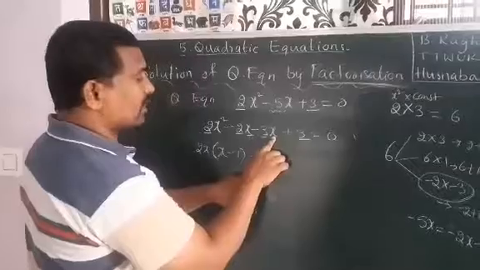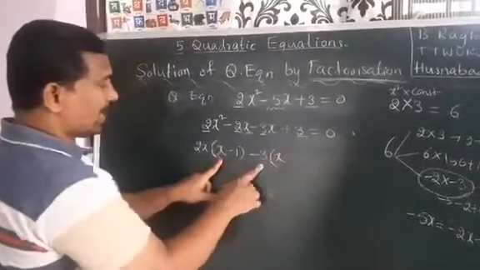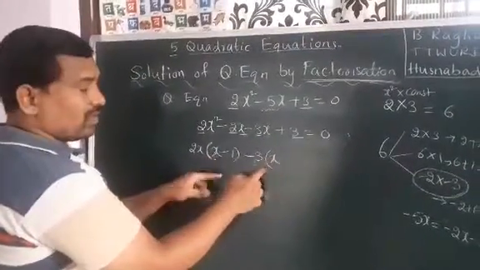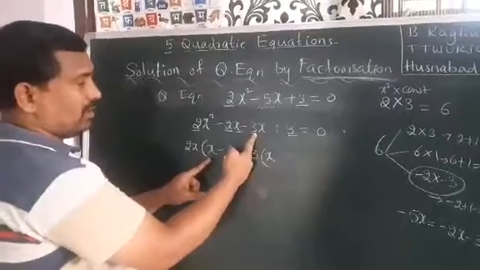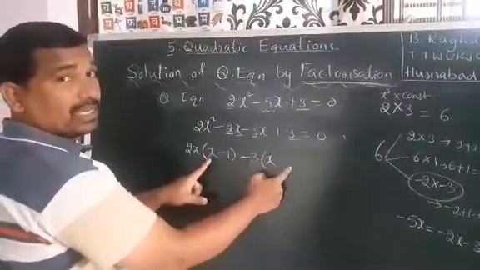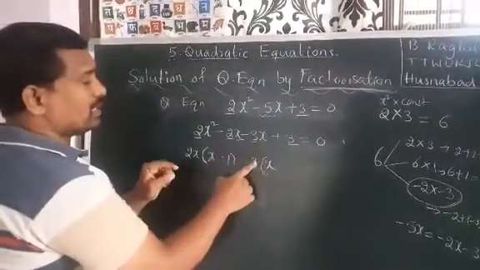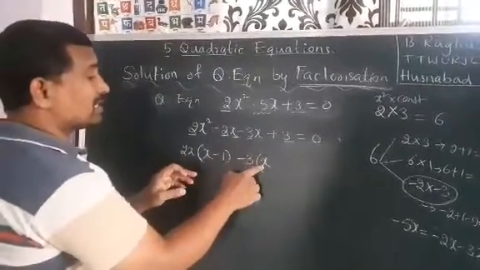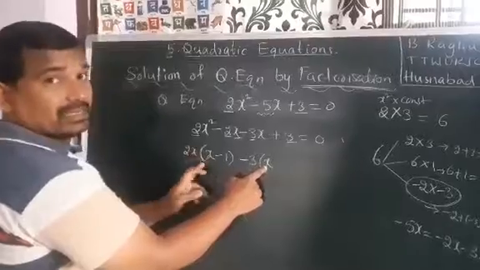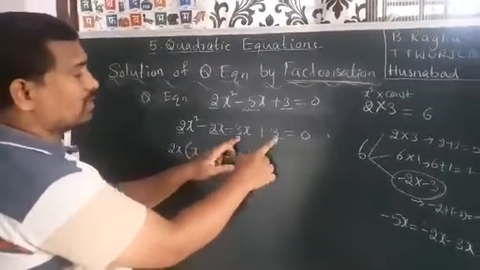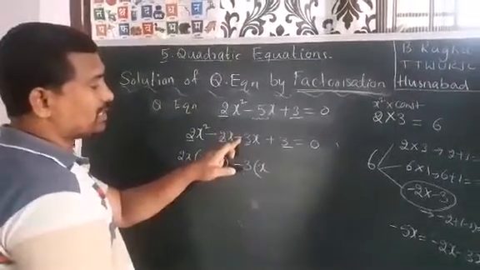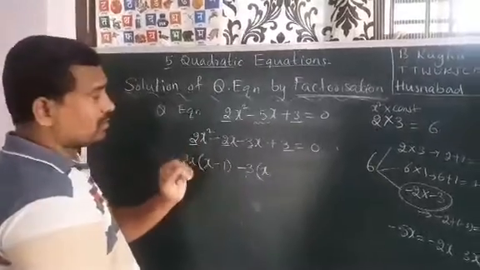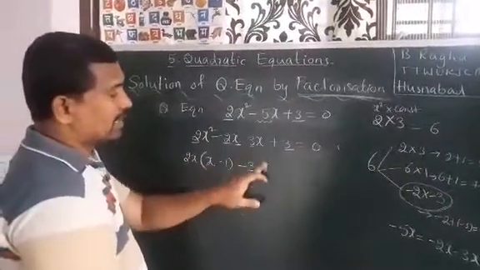What is the remaining factor? x. You have to tally with this. What you take common, the term should be the same here and here. If you take minus 3 common, you get x here. If you take 3 common, you get minus x, but here x is there. So in these two terms, take the symbol of the first term common. Minus 3 taking common, here x.